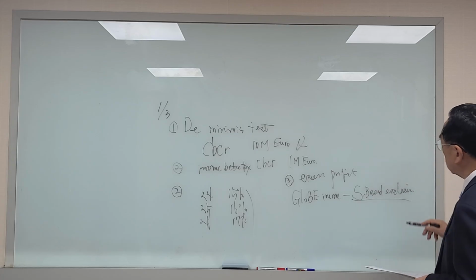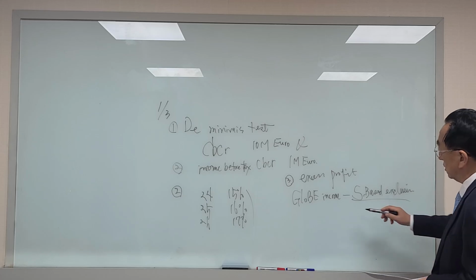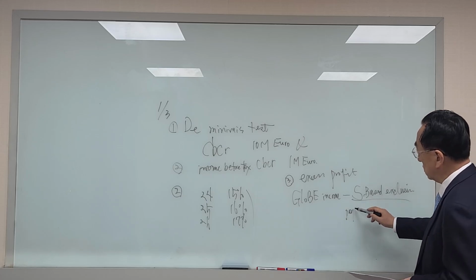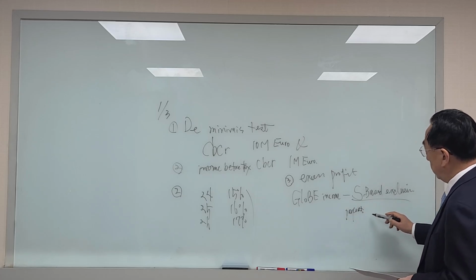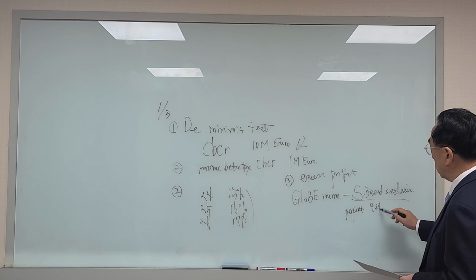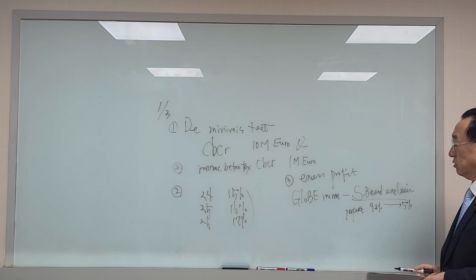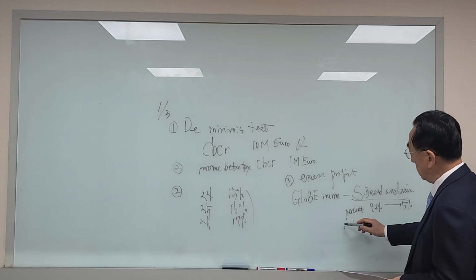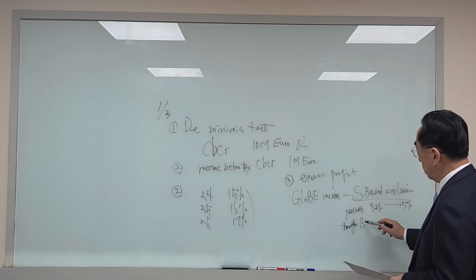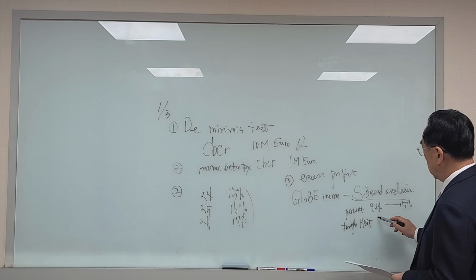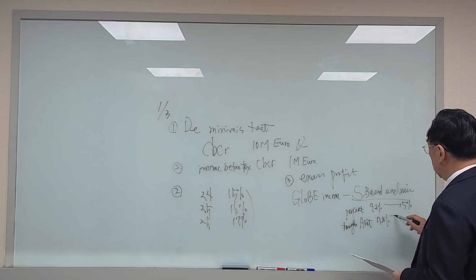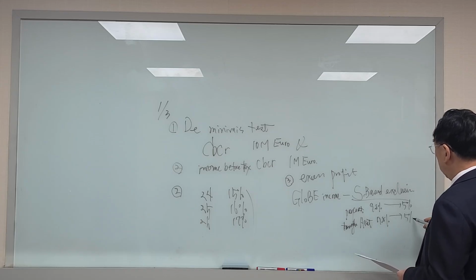And this substance-based exclusion is payroll cost from 9.8% to 5%, annually reduced, and tangible asset book value 7.8% diminished to 5%.